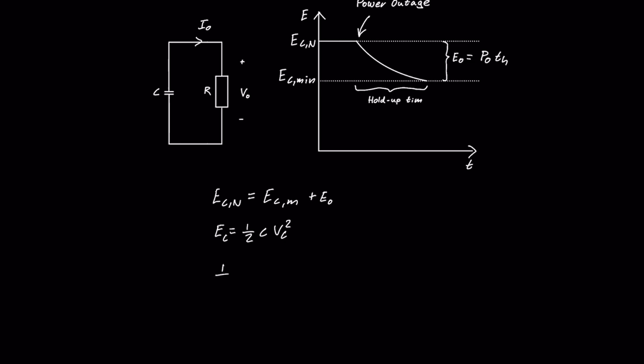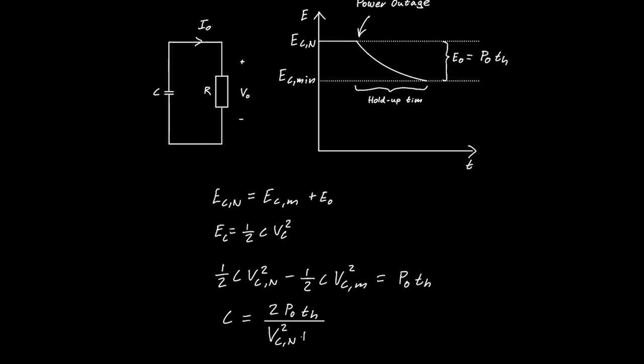So we would have 1/2 C Vn squared minus, because I just moved this one over, 1/2 C Vc min squared, and this is equal to the output power multiplied by the holdup time. So if we now just solve for the capacitance, we will get 2 multiplied by the output power multiplied by the holdup time, and then over the nominal voltage squared minus the minimum capacitor voltage squared.